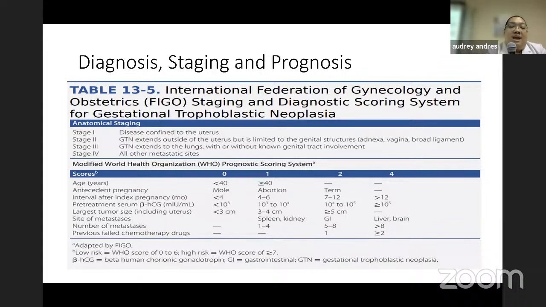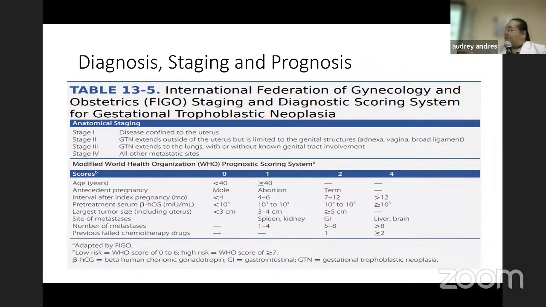So this is according to age, antecedent pregnancy, interval of pregnancy, and it's easily classified. If it's more than 8, then the risk would be high. Lower than 8 or less than 7, risk for GTN is low and classified according to such.